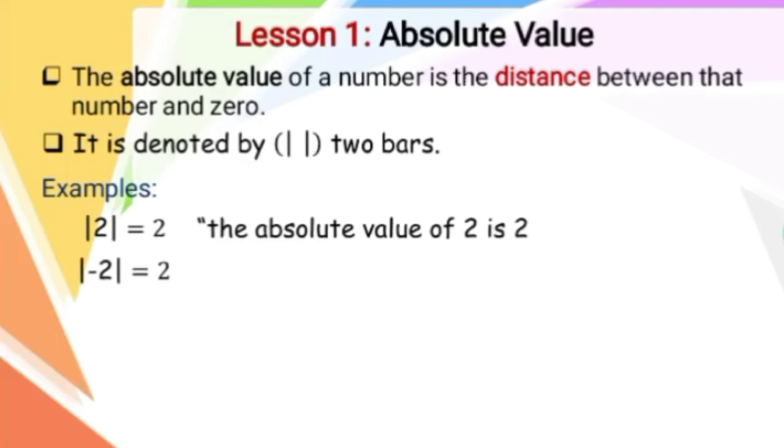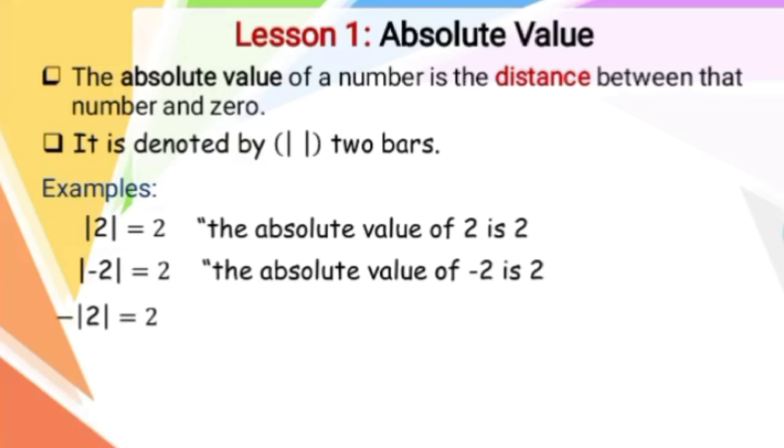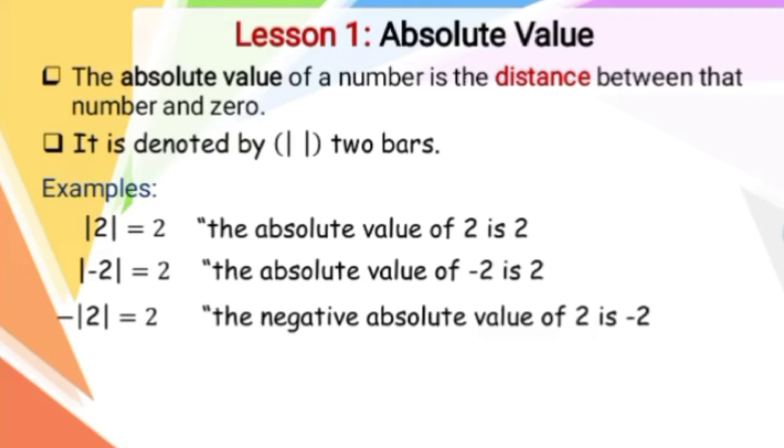Next, this is the absolute value of negative 2 is positive 2. And this, since we have here the negative sign outside the absolute value, therefore, this is read as the negative absolute value of 2 is negative 2. Ito ang dahilan kung bakit ang sagot dito ay naging negative.